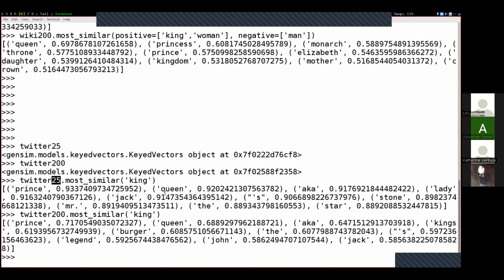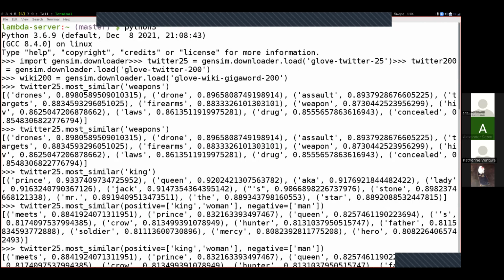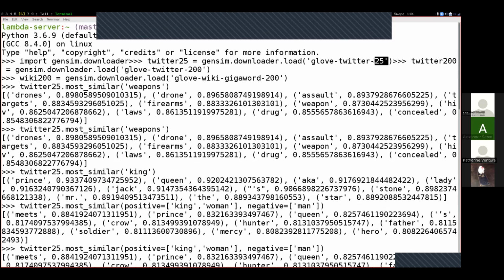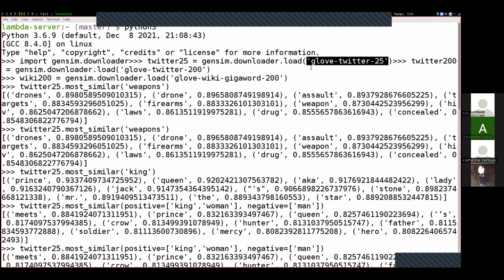For the purposes of your project, I'm requiring that you not use this Twitter 25 model, the one that I have as examples in the code, but you're allowed to use any other one that you want. I recommend experimenting around with different ones to see which ones give you better results, but you're not going to be graded on the quality of your results.